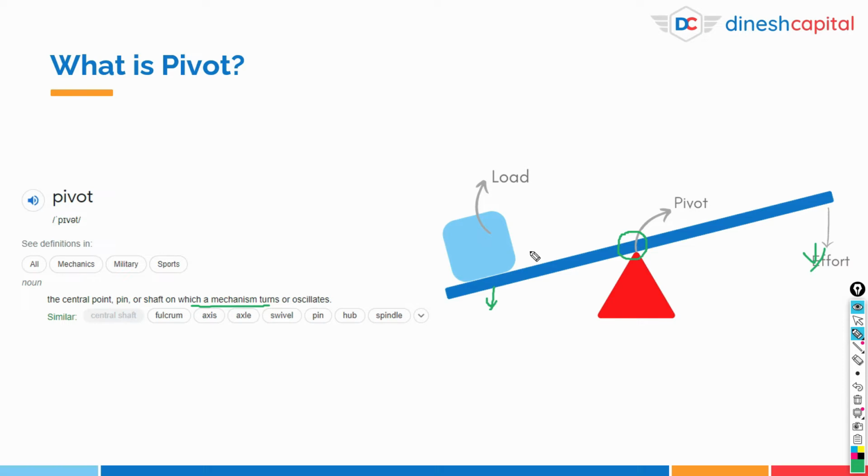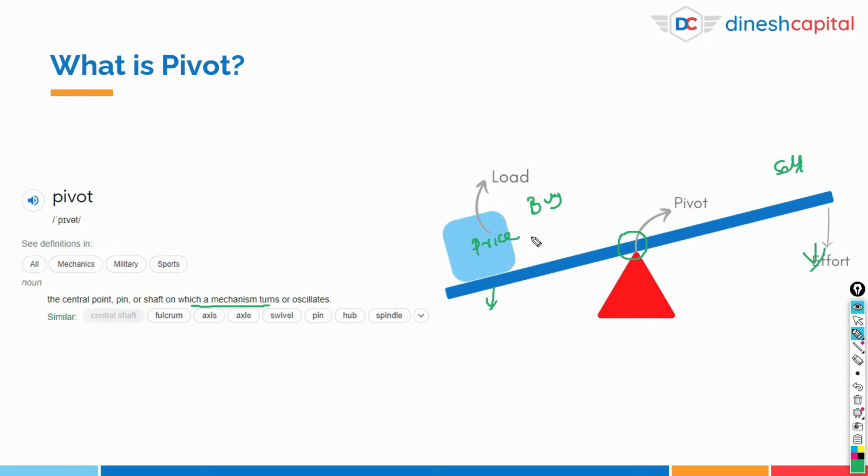Let's apply this definition to the share market. Here, the mechanism is the price. So whenever the price comes near to the pivot level, the price may turn or something may happen. What happens is based on the weightage on each side. Let's assume here there are buyers and here there are sellers.